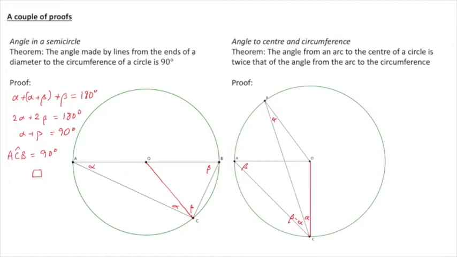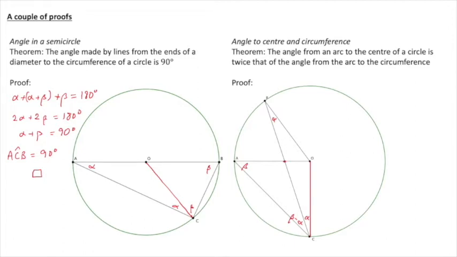That means if the angle at A, so OAC is beta, that means the angle OCA is also beta, and that means the angle from A to C to B, which I've marked as beta minus alpha, the reason that's beta minus alpha is that those two angles must add up to beta. So beta minus alpha plus alpha is indeed beta.